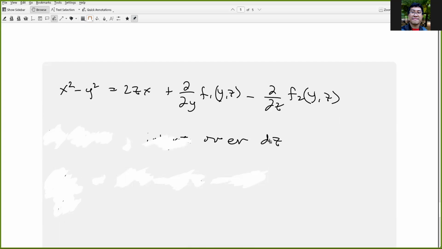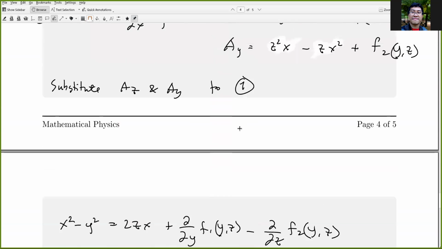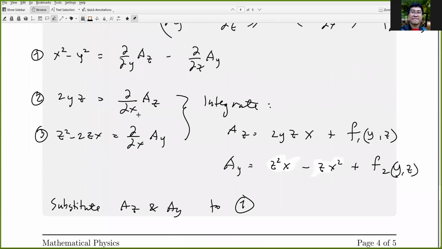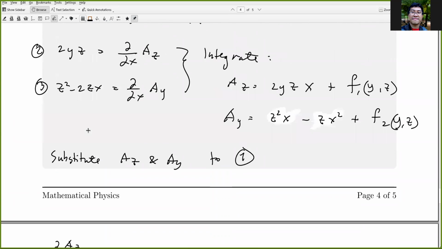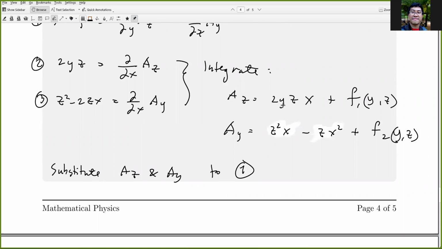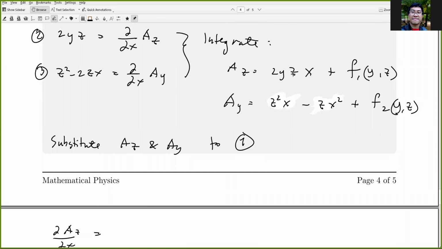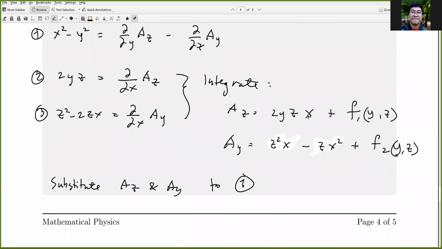Before we integrate, let's do something first. Partial of AZ with respect to x is 2yz.